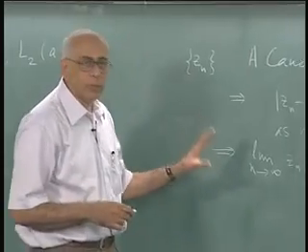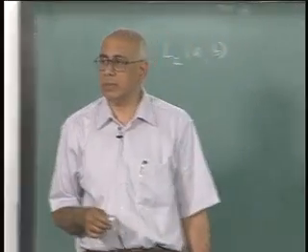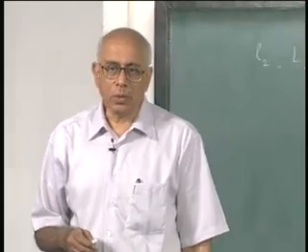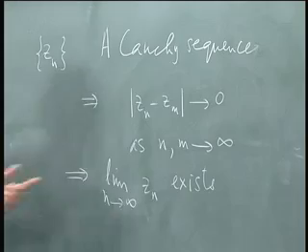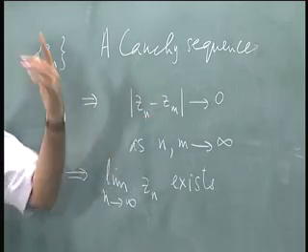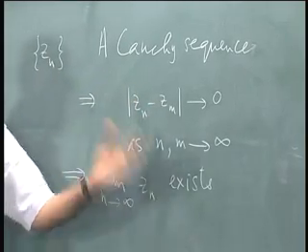This is the concept that we need, the idea of a Cauchy sequence. Now not all sequences are Cauchy sequences, you can easily construct sequences. For example, if Zn is minus 1 to the power n, then of course even ones are plus 1, odd ones are minus 1, and this sequence does not converge to any limit at all. On the other hand, if this is true, then this suffices to show that the limit of this sequence exists.